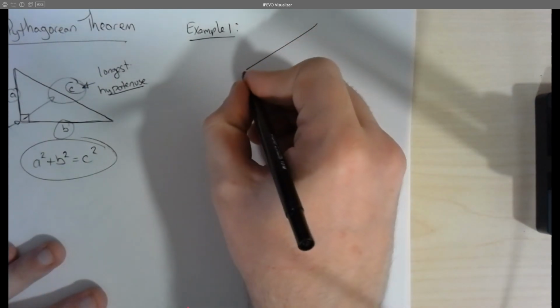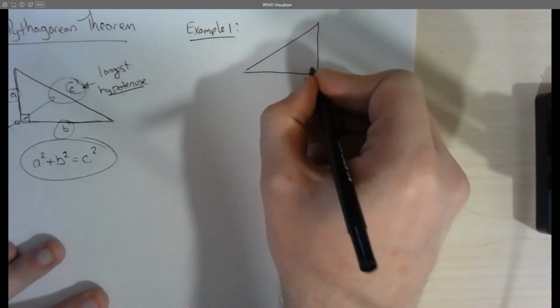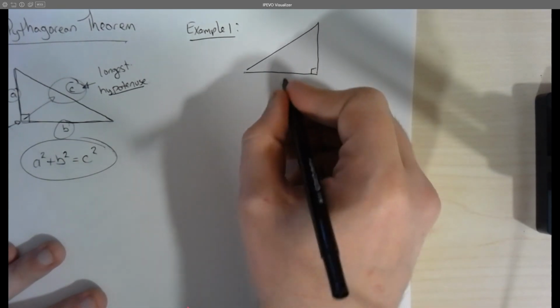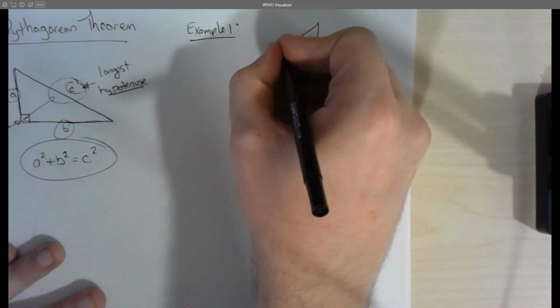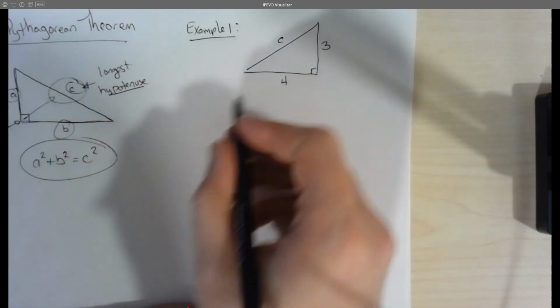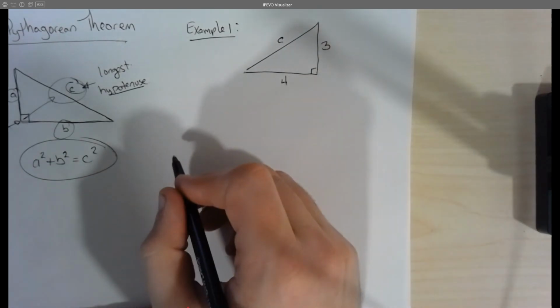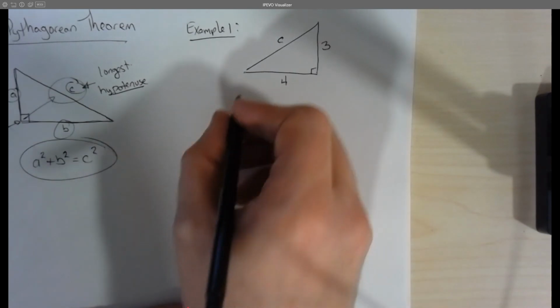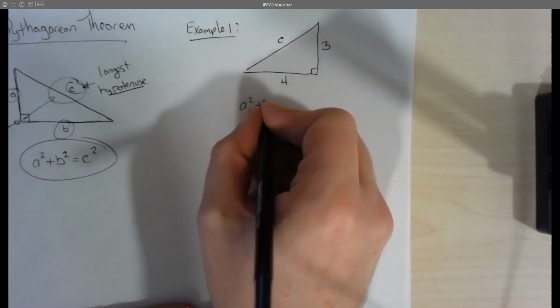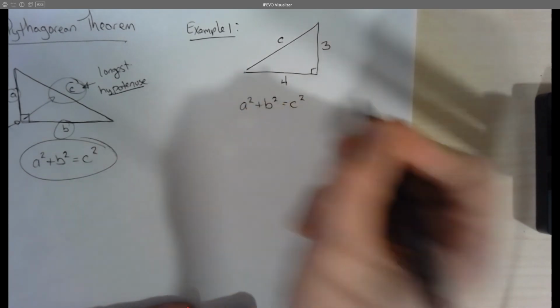Example 1 gives us a particular right-angle triangle. It tells us that this side length is 4, that this is 3, and we are asked to find the length of AB, or to find the hypotenuse. Using our Pythagorean theorem, A squared plus B squared equals C squared.